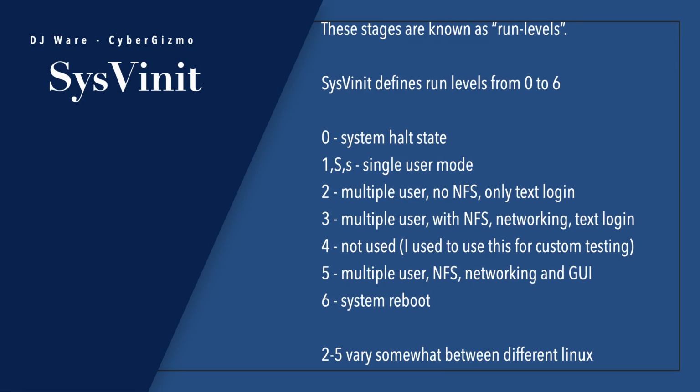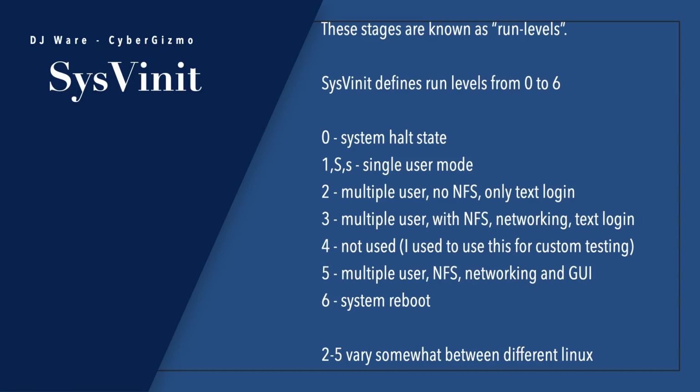But the general rule was, and this comes from Unix, run level 2 was multiple user, but no NFS, no networking, and only provided a text login. So this would be a system that used terminals probably or modems to have multiple user support.